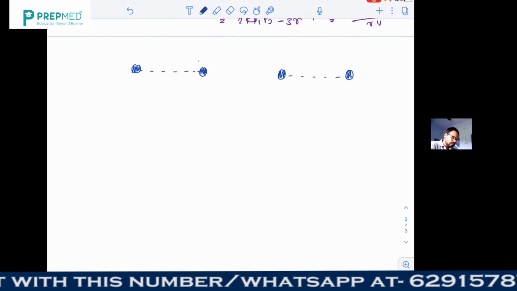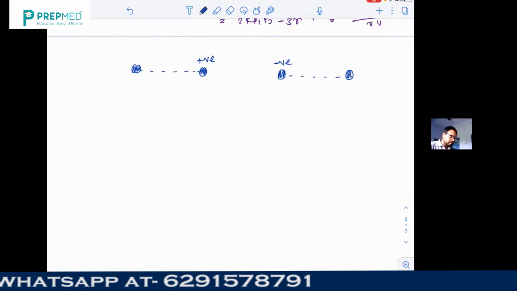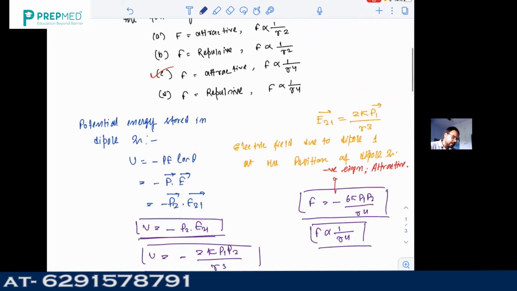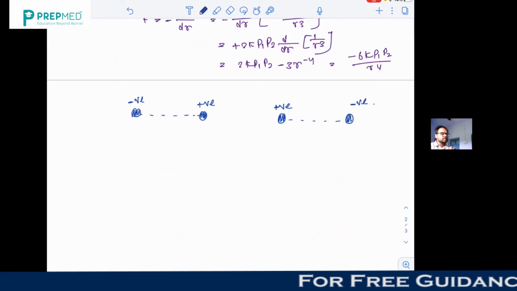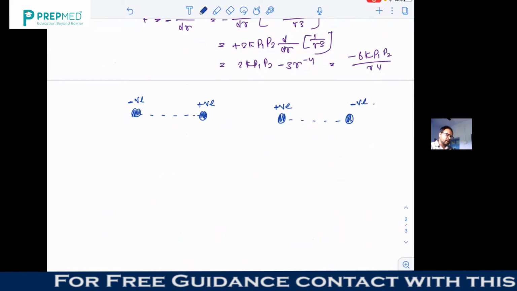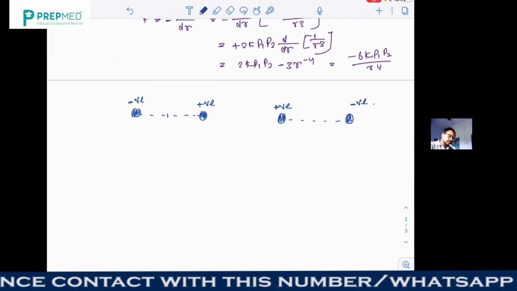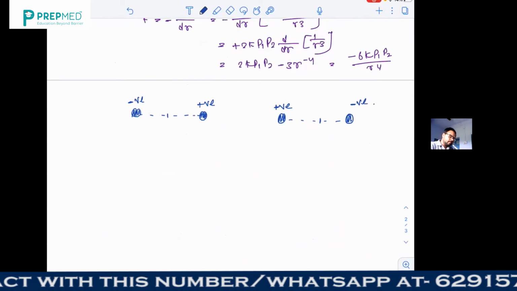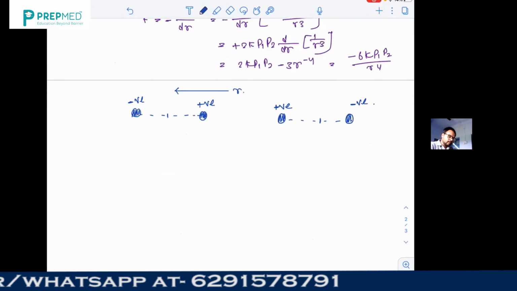Sorry, in the previous diagram we drew positive and negative close to each other. So let us make it positive here, and this is the negative charge and this is the negative charge. By common thought, you can understand that the positive charges are going to repel each other. So there could be a repulsive force. And what would be the nature of the force with respect to r, that is the center to center separation between these two dipoles? You can calculate that at home also.